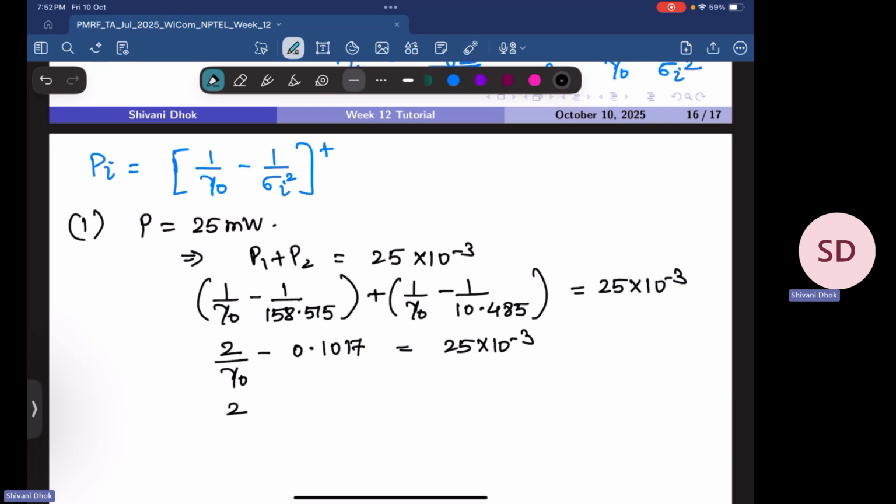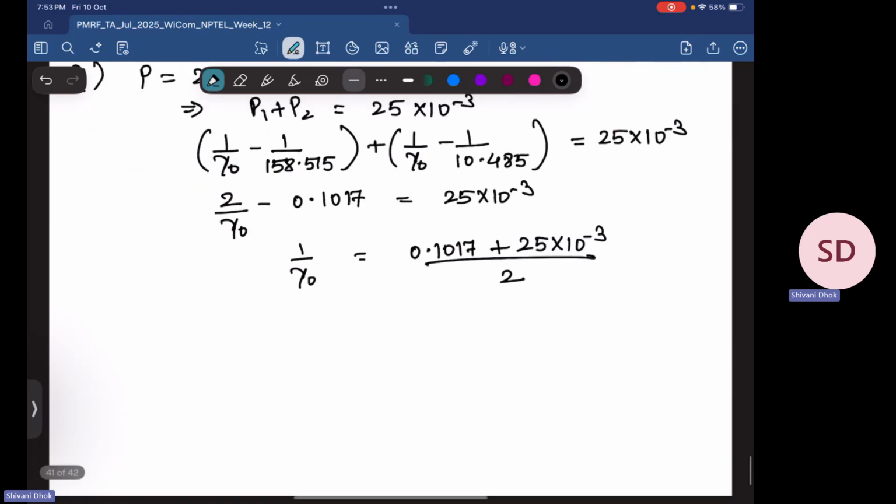So this comes out to be equal to 2 by gamma naught. Therefore 1 by gamma naught is equal to 0.1017 plus 25 into 10 raised to minus 3, whole divided by 2. So this comes out to be equal to 0.06354.